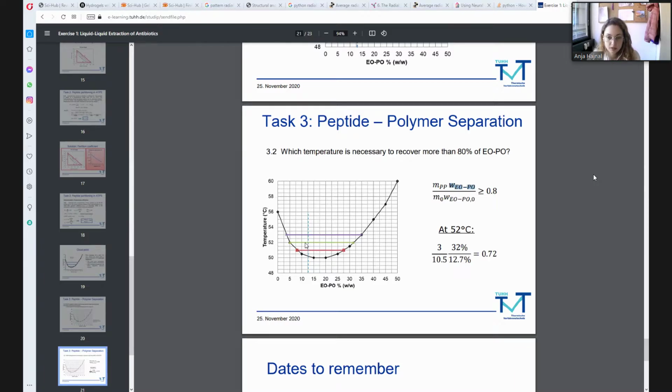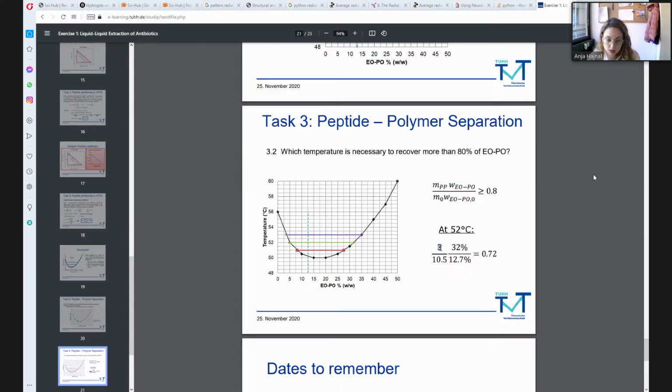It tells us that the length of this fraction over the length of the whole line is equal to the mass of the polymer rich phase over the mass of the initial phase. And this is how we get this MPP over M0.